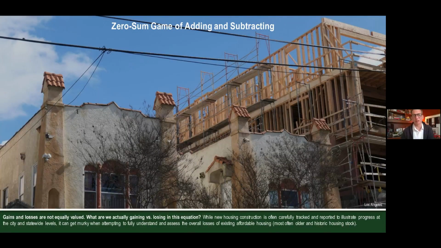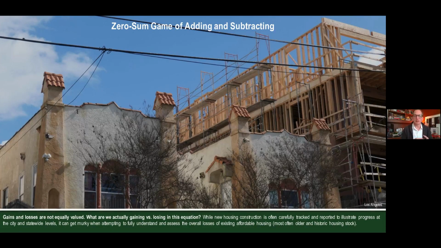It's also this question of the zero-sum game of how much are we adding versus how much are we subtracting? Much of the conversation, as I said before, is about production. We're doing a really good job of saying we're creating this many new units. What we're not doing so well, or reporting on or even tracking, is the number of existing affordable units we're losing.